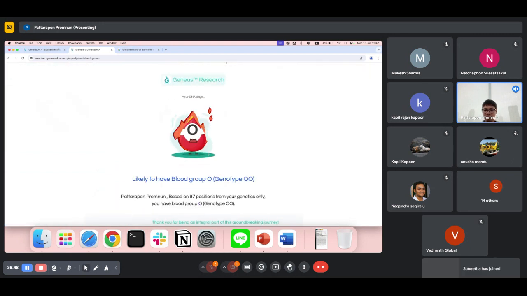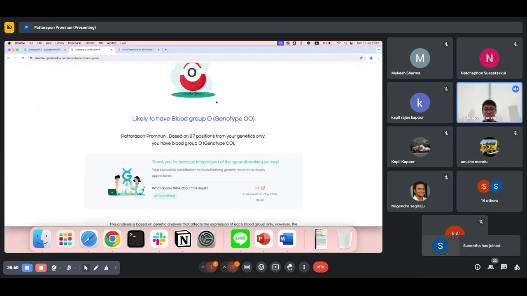What is the accuracy till now? More than 90%. Actually, it depends on the blood group. Some blood groups have higher accuracy, some lower, but the average is more than 90%, because we also collect blood group data from our customers, and it is more than 90% accuracy. Okay.